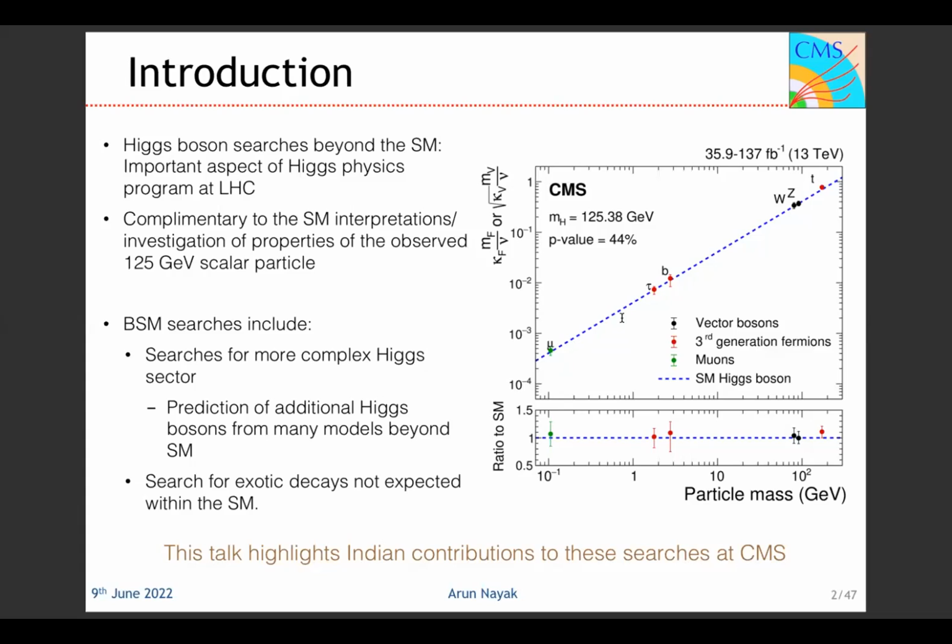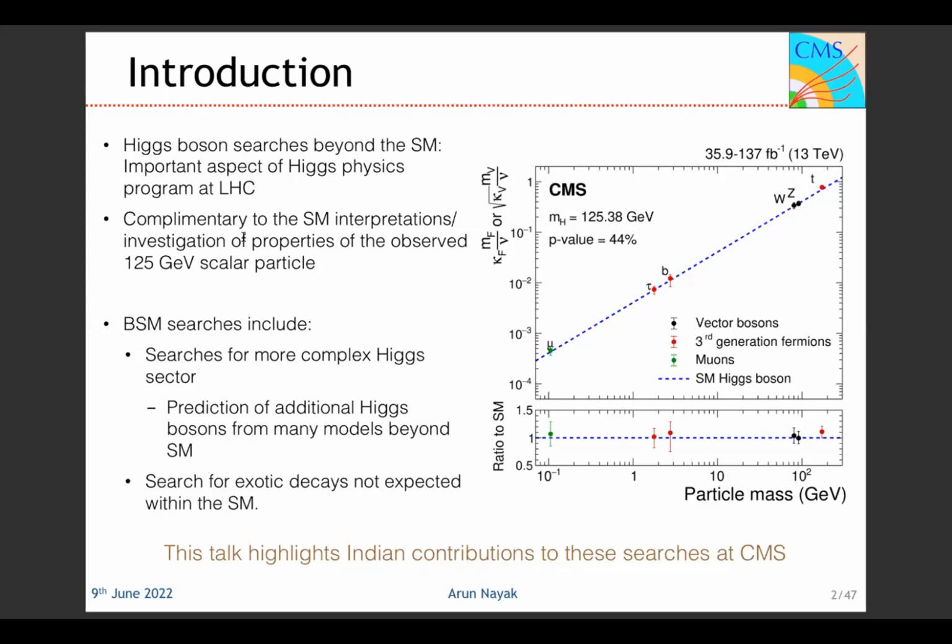However, as you saw in the previous talk, this Higgs boson can actually be a part of a larger family, and we are only seeing one of them, which is standard model like, and the rest of them are actually hiding from us. So BSM Higgs searches are a very important aspect of the Higgs physics program at the LHC, complementary to the standard model interpretations of the properties of the observed 125 GeV scalar particle.